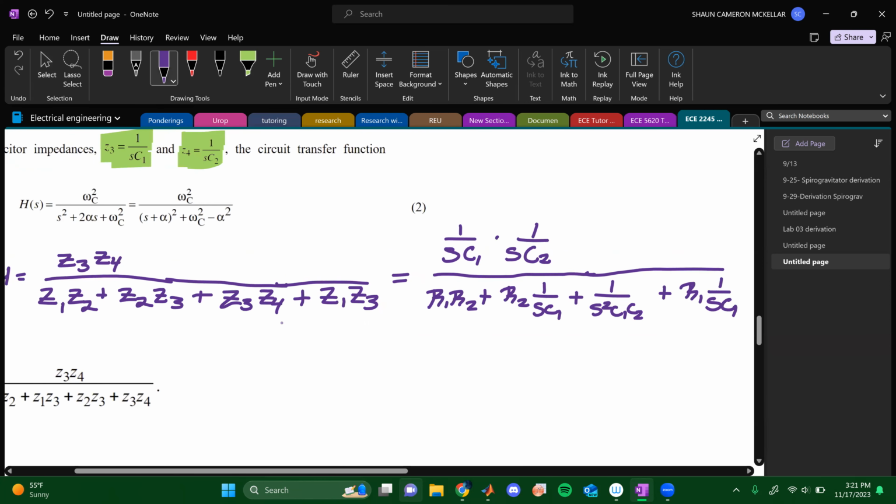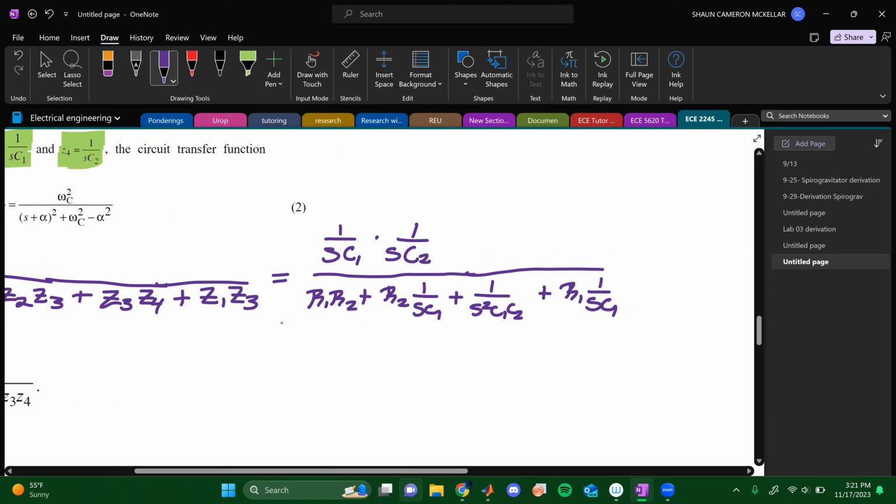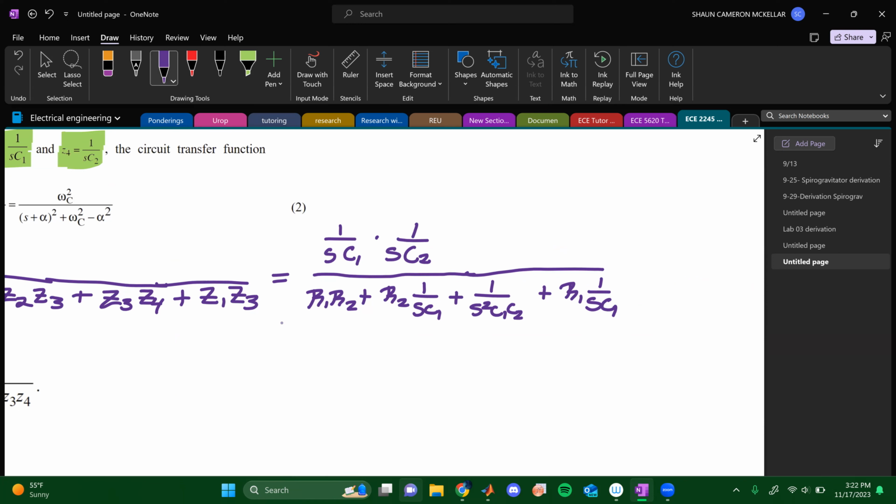Okay, the next thing I wanted to point out is that after we plug in circuit values, Rs, Ls, and Cs, we're left with an RLC circuit. What I mean by that is that this function closely resembles everything we've done in this class up to this point, so we can use the same approaches that we have before.